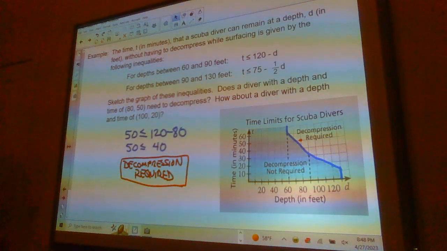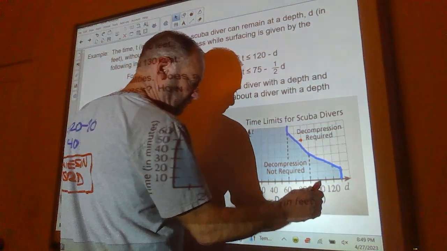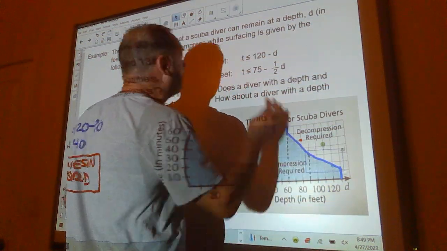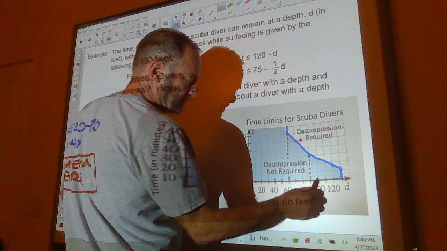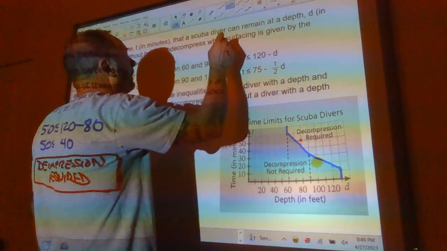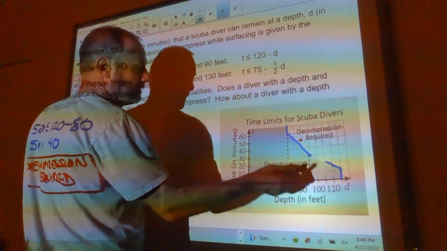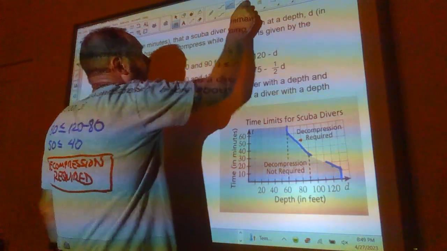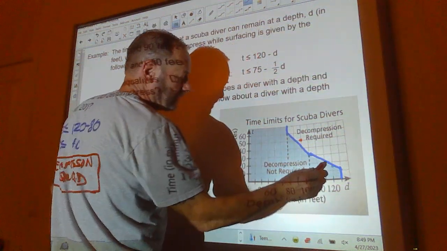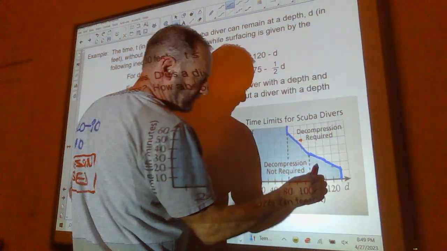Okay, what about a diver with a depth time of 100, 20? So your depth is 100 and your time is 20 minutes. That would locate you right there. Whoops. 20 would be right here. What happened there? Put this back. And then we'll put our red dot right there.